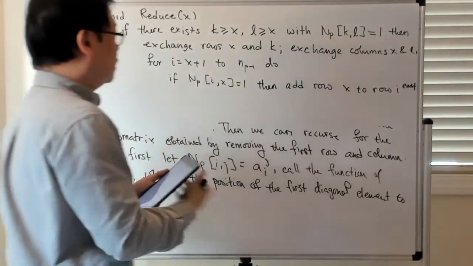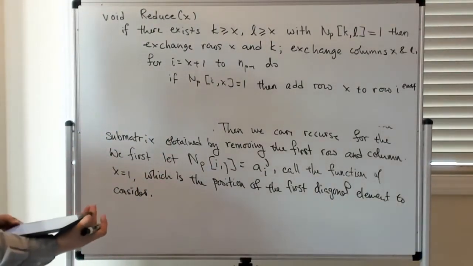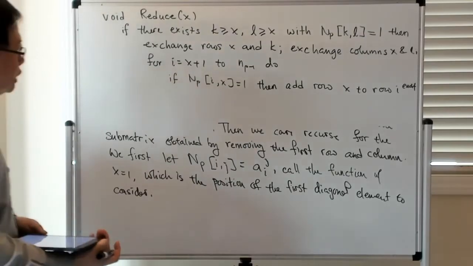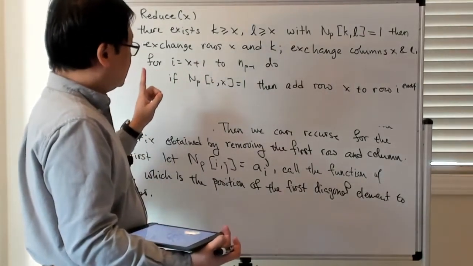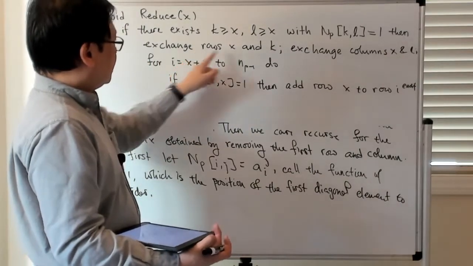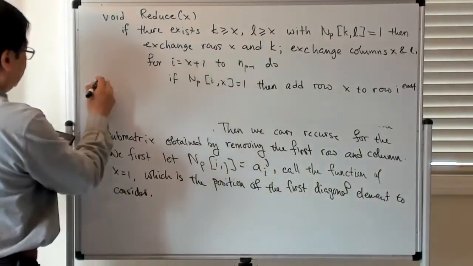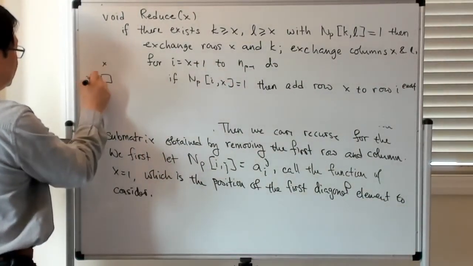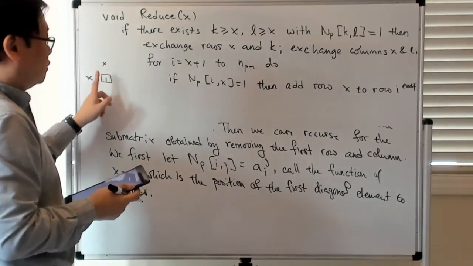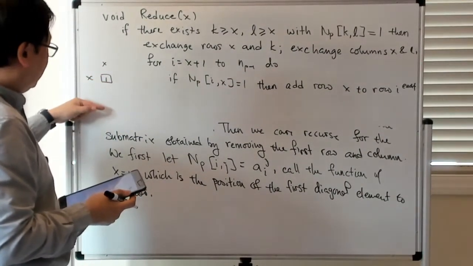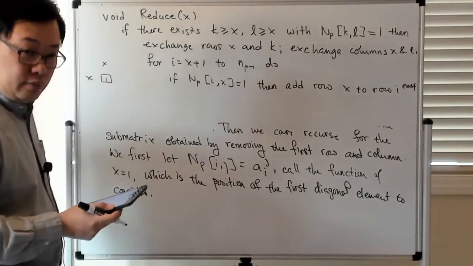Again, keep in mind that we're in modular 2 arithmetic. So if that entry is 1, you have to recall that because of this row and column exchange which we have, the entry at the xx position is now 1. So if I add that row to the ith row, that will zero out that 1 there, because 1 plus 1 is equal to 0 modulo 2.